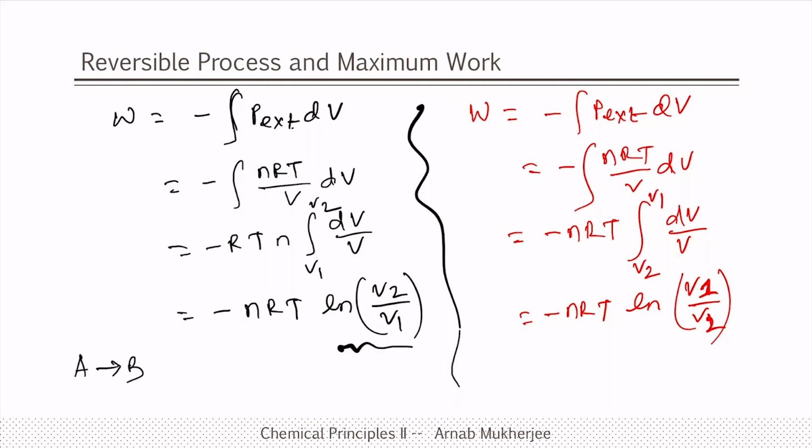This was the work done from A to B, and this is the work done from B to A, and we can see that the magnitude of the work done going from B to A is exactly equal to the magnitude of the work done going from A to B.